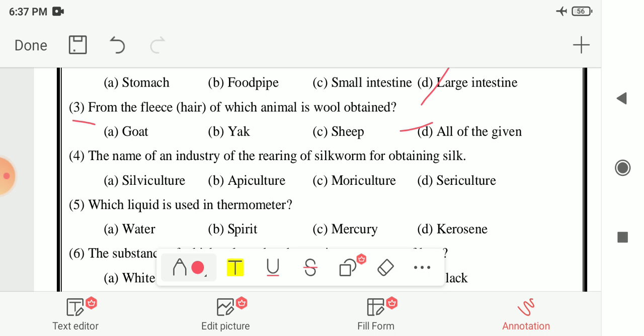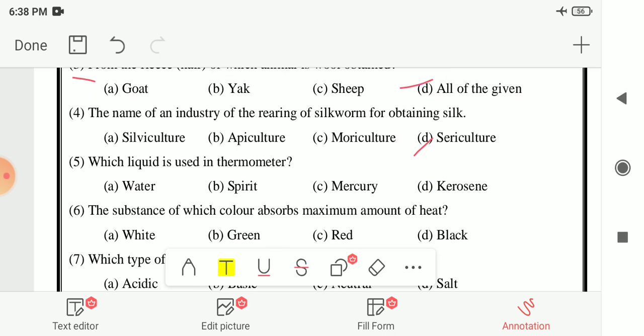The fourth number is the name of an industry of the rearing of silkworm for obtaining silk. The options are silviculture, apiculture, moriculture or sericulture. So here your answer is option D, that is sericulture. The name of the industry of rearing silkworm to obtain the silk is known as sericulture.